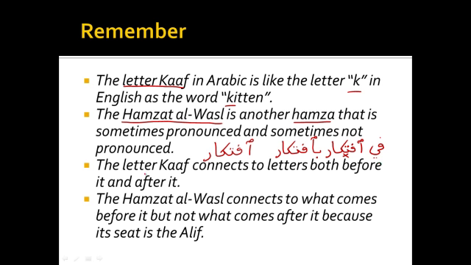Now the letter kaf connects to letters both before it and after it. So in the third position, in the medial position, the kaf looks like this. Connects to both letters before it and after it. The Hamzat al-Wasl connects to what comes before it, but not what comes after it, because its seat is the alif. So just like the alif does not connect to what comes after it, so also the Hamzat al-Wasl.